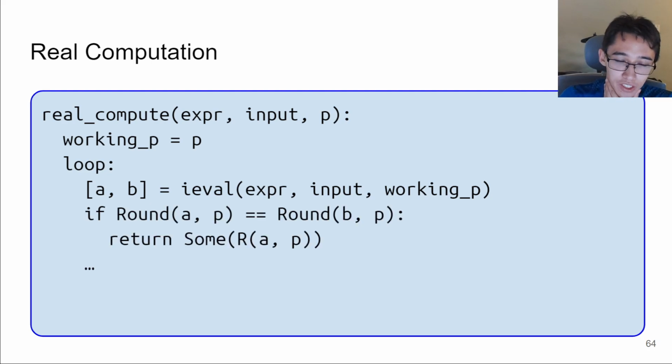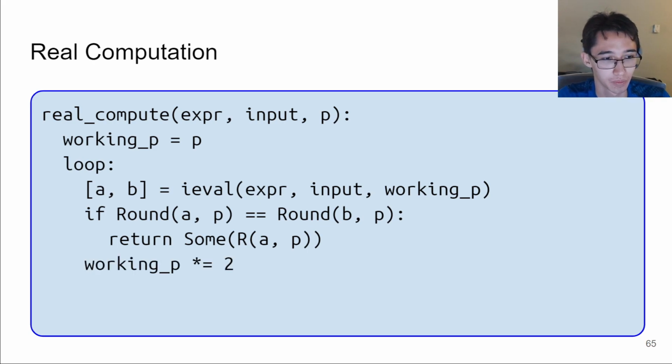Next, we're going to round each endpoint just as we did in the example. The key here is that if both endpoints round to the same number at our precision p, then we've found our answer. The whole interval rounds to that number, and we have successfully performed the real computation, and we return it. However, if both of them didn't round to the same number, we know we'll need more precision. So in this case, a good strategy is to double the precision.